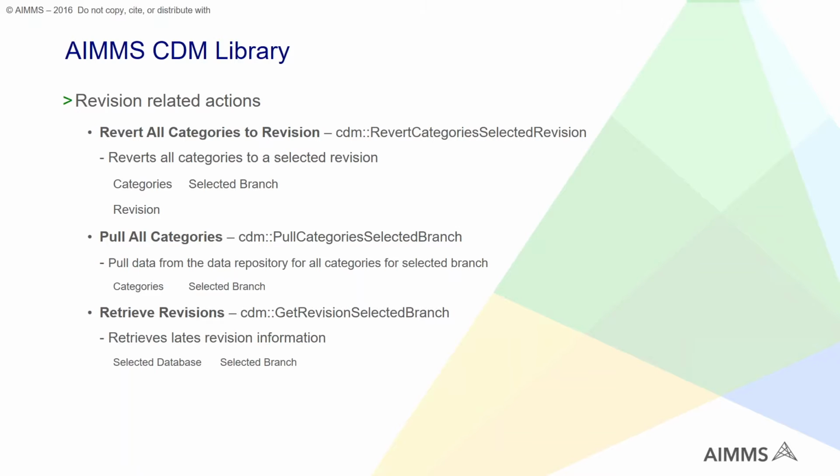So you can pull data changes from all of the categories that are on your central data repository for a selected branch. And then the final one is that we can retrieve a specific revision from our central data repository.